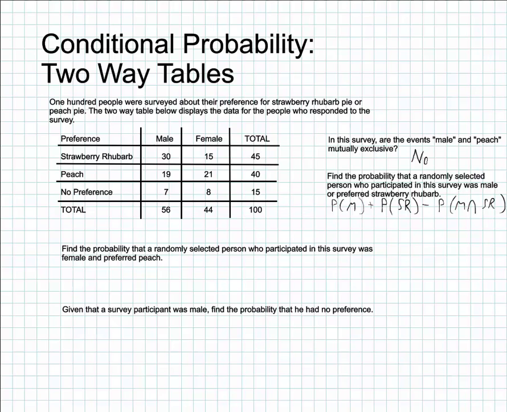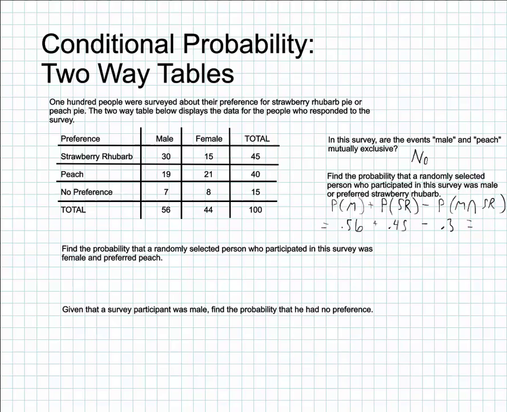The probability that they are male is 56 out of 100, so 0.56, plus the probability that they preferred strawberry rhubarb, which is 45 out of 100, so 0.45. And then minus the probability that they're male and preferred strawberry rhubarb, which is 30 out of 100, so 0.3.